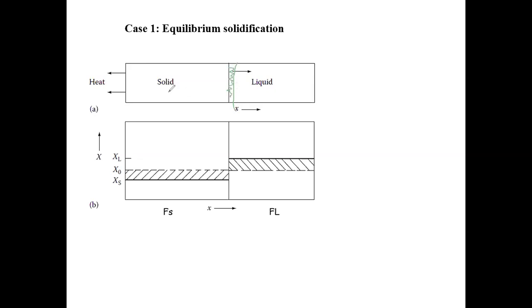This just means the solid is going to propagate a little bit to the right because I lower the temperature, I promote the growth of the solid. So this means the front is now probably right here. But we also see the composition is going to change, right? So the solid composition is going to increase a little bit, and the liquid composition is going to increase a little bit. So this is what you see.